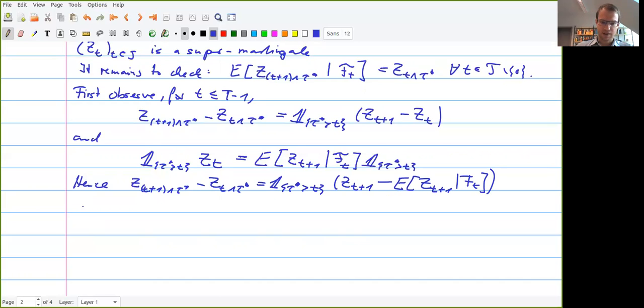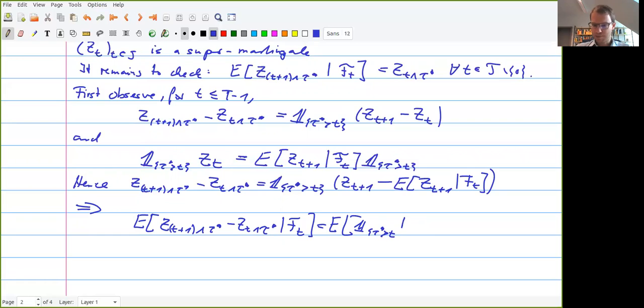And now I take the conditional expectation. So if I take the conditional expectation of this here, minus, and I condition it, of course, on F_t, because this is what we want to understand. Well, what is this? Okay, this is the same.